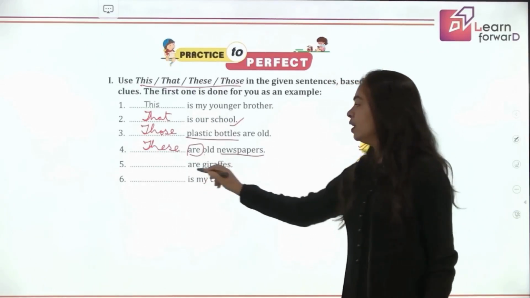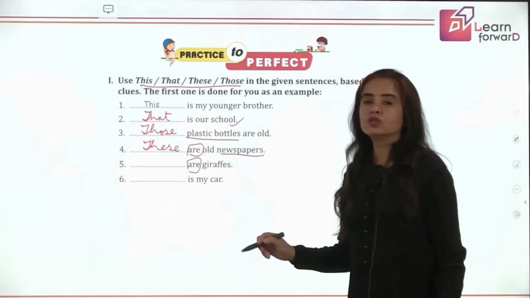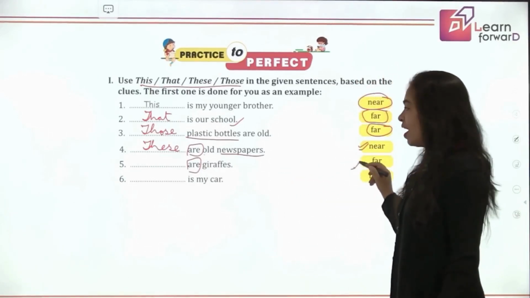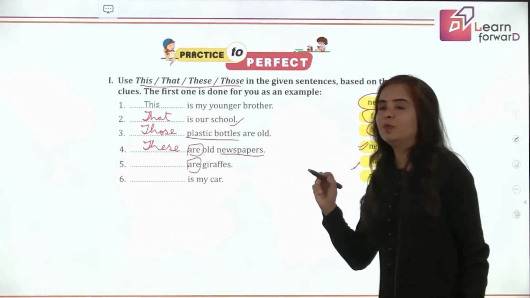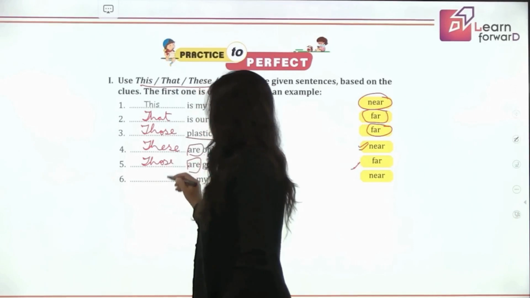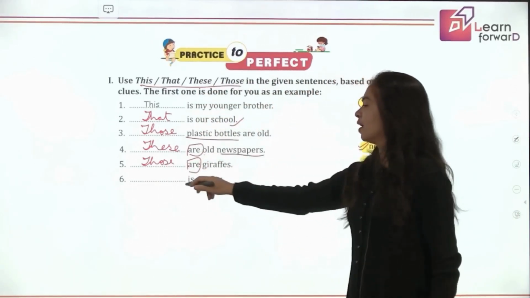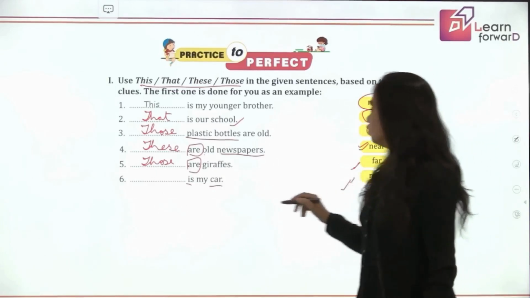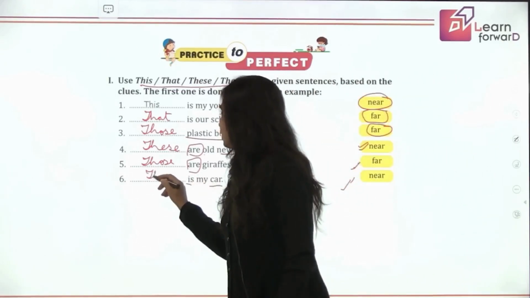Next, dash are giraffes. So, plural, we see here are also. And let's see whether it's far or near. It's far. And we are talking about plural. So, what will come here? Those. Dash is my car. Singular. And it is near again. So, what will we use? This.